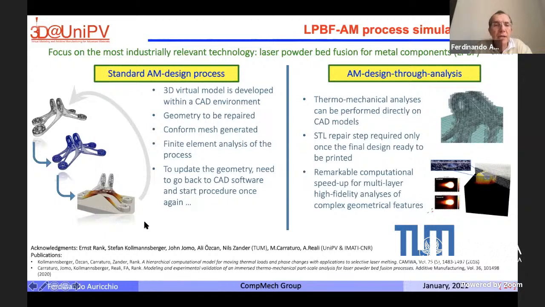So you want to take your geometry and simulate the additive process, the construction of the component. And if in the construction, like we were looking at yesterday, there is some overheating region, if the construction is non-optimal, then you need to go back, change your geometry, generate the mesh again, and so on, in a very iterative scheme, which is really time consuming.